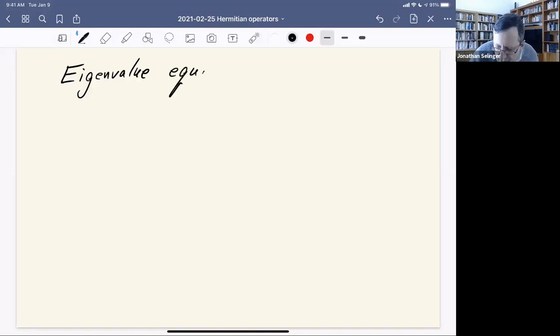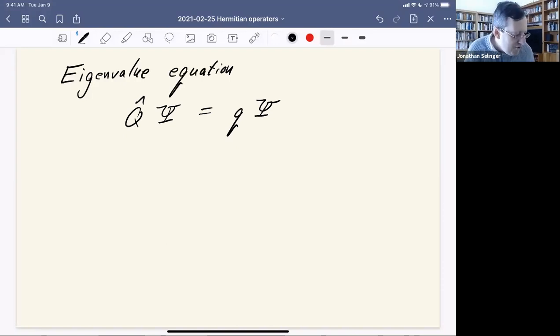This is an eigenvalue equation that Q acting on psi is equal to little q times psi.